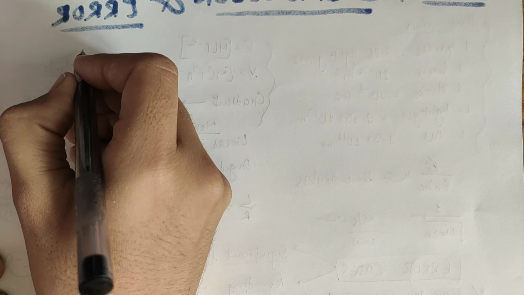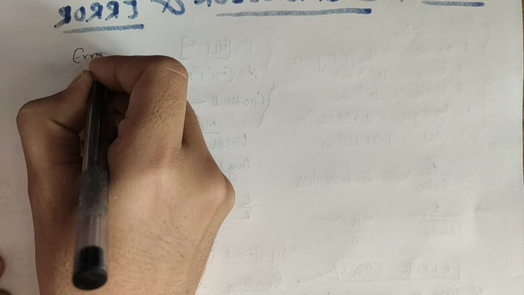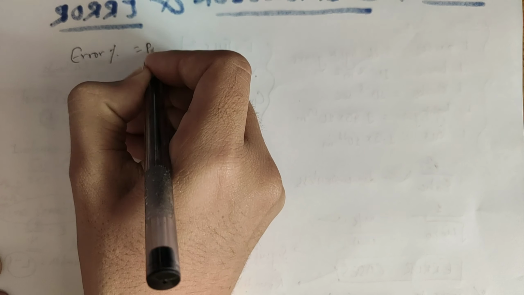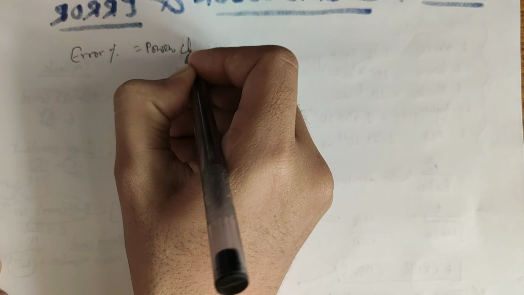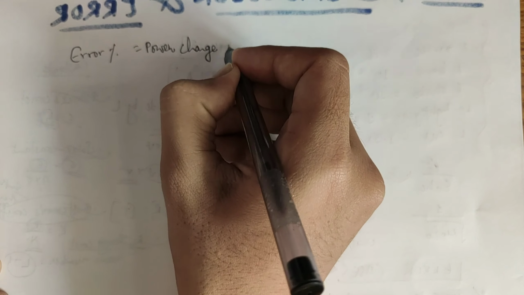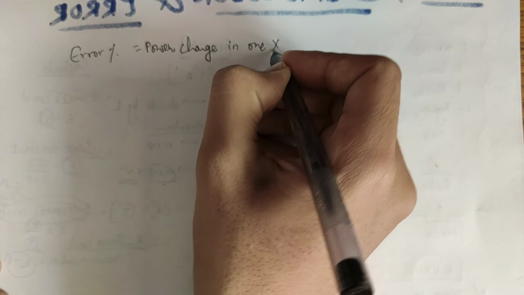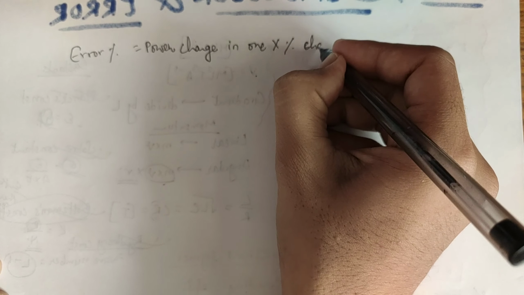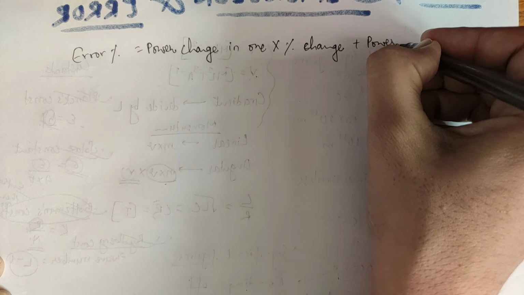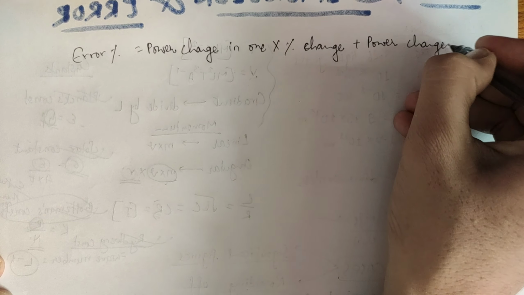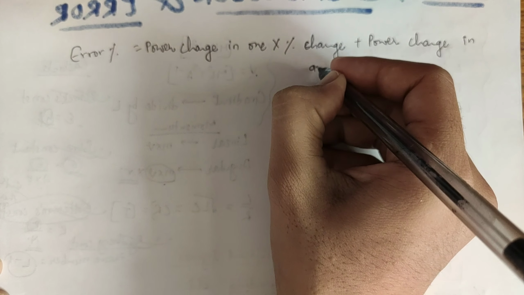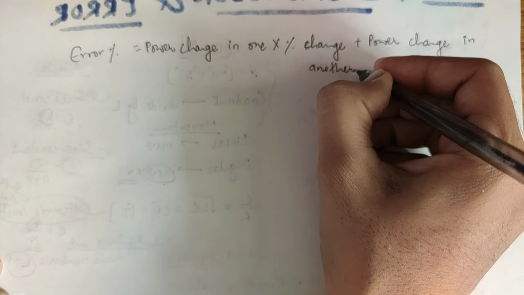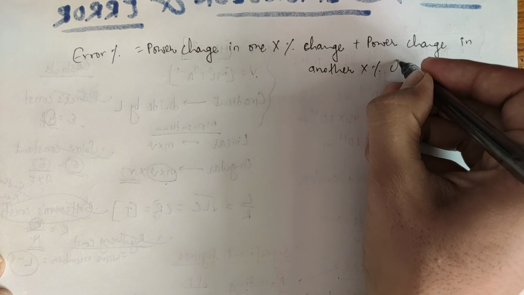So summing up, we have the formula: error percent goes to power of change in 1 multiplied by percentage change, plus power of change in another into percentage change.